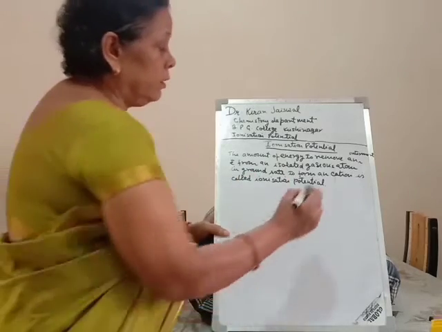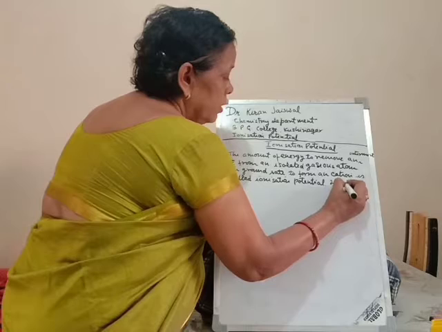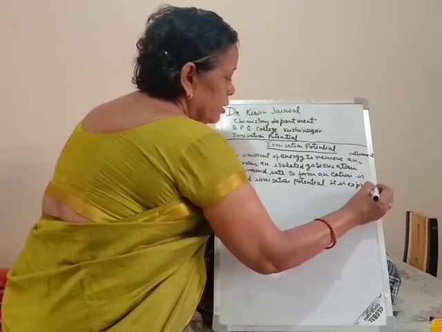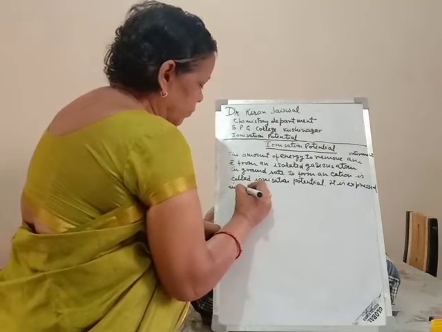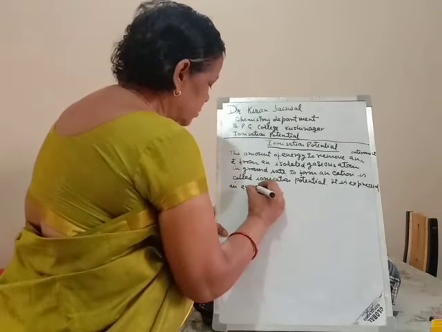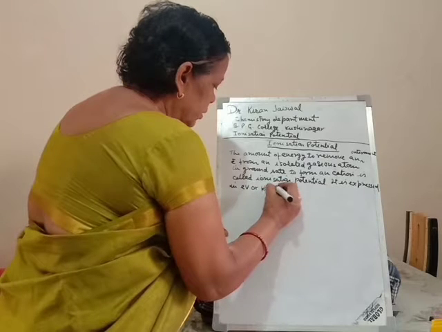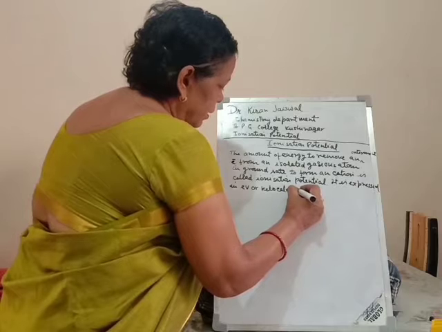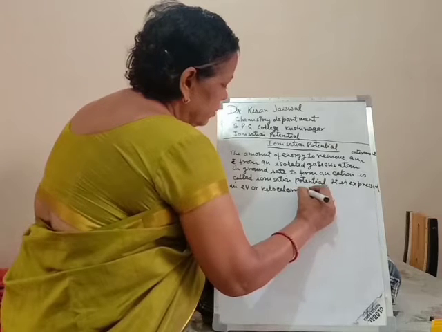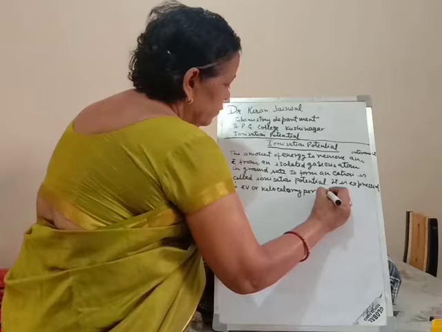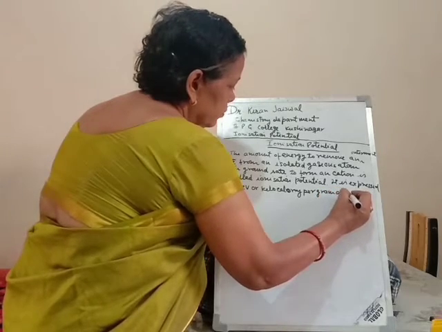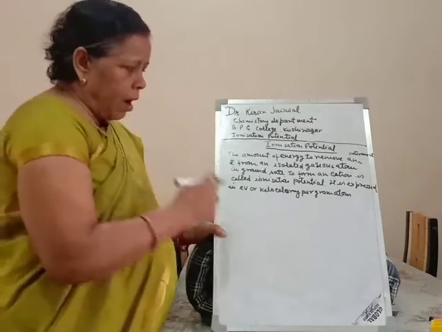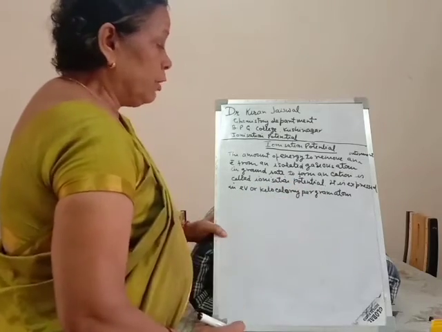It is expressed in electron volt or kilocalorie per gram atom.